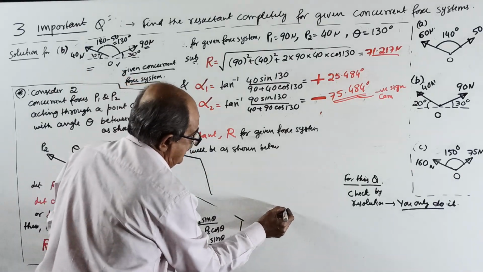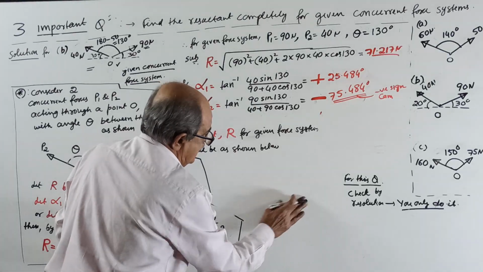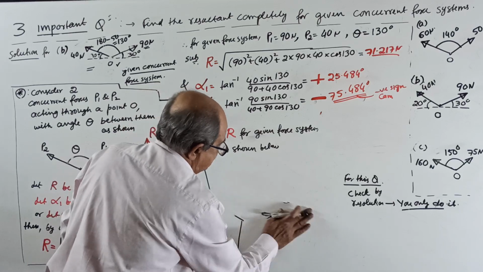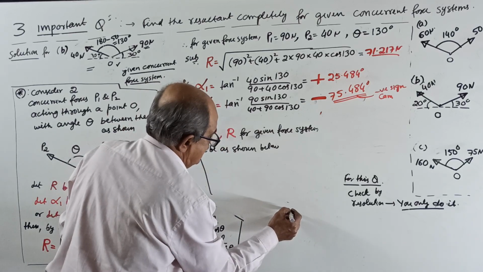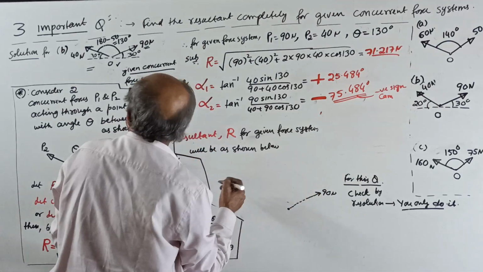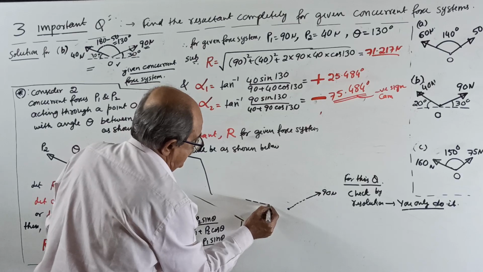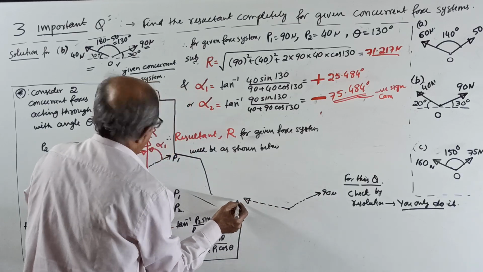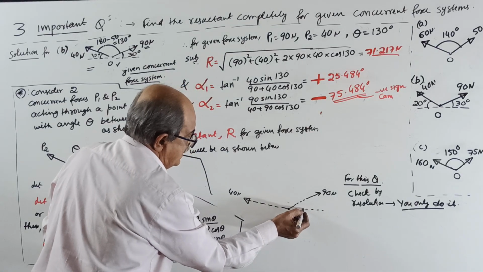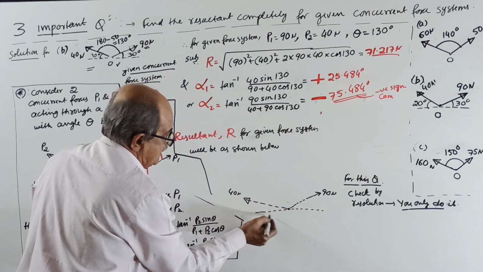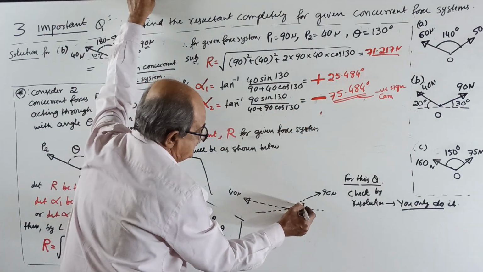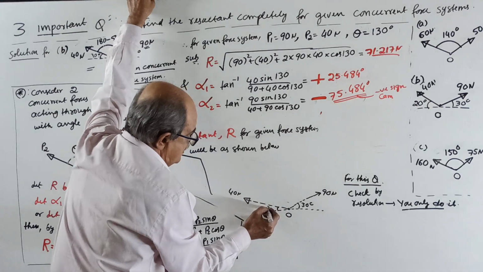One force is 90 Newton, the other is something this way, 40 Newton. If you want, you can write whatever they have given here. In the question they told 30 degrees right here, but actually it is not required. 20 degrees.